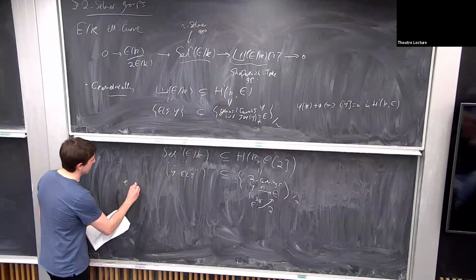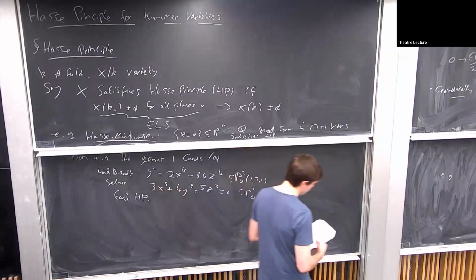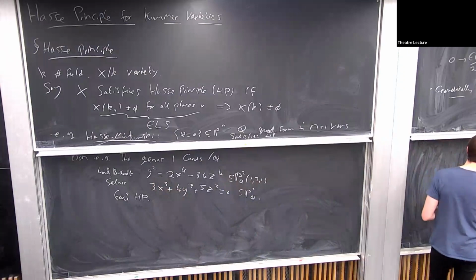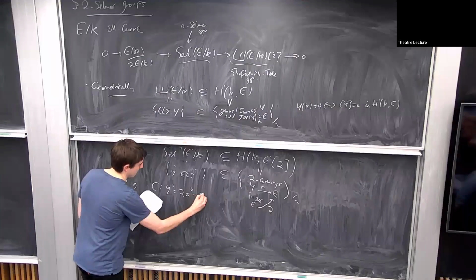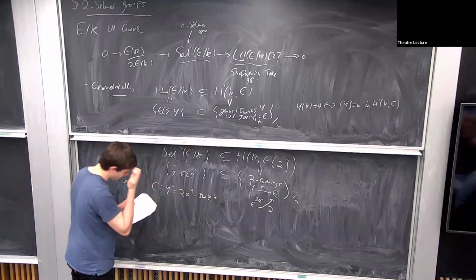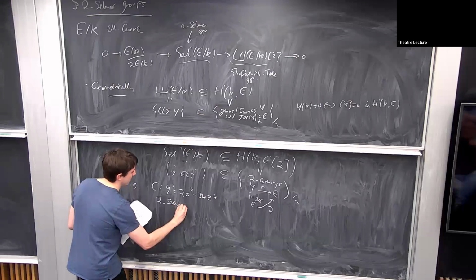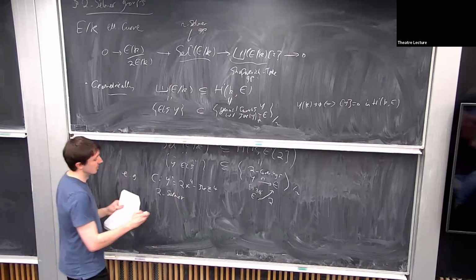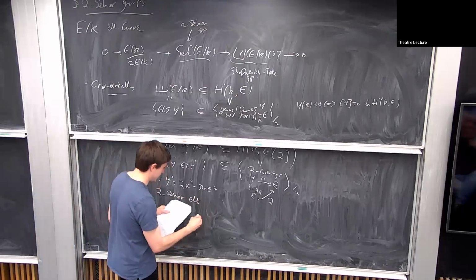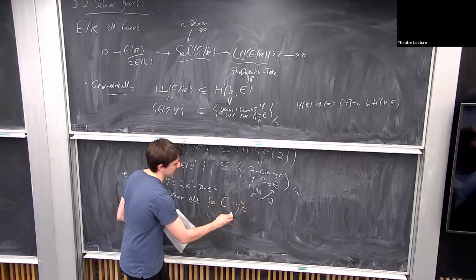So for example, this counterexample to the Hasse principle we have over here gives a two-Selmer element. It's naturally a two-Selmer element for the curve y squared equals x cubed plus 17x.